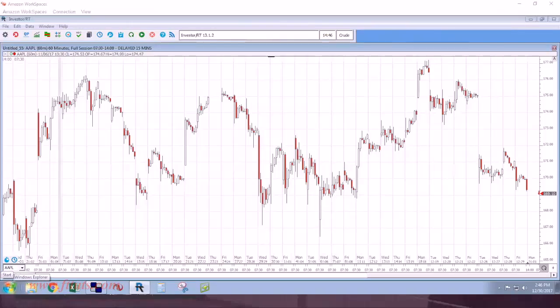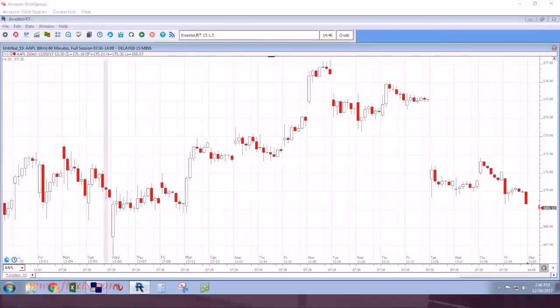Now, there are lots of different types of charts that you can use. These are what are called Japanese candles, and just as a refresher on what's going on here, each one of these represents 60 minutes of time, and they have 4 things to know.